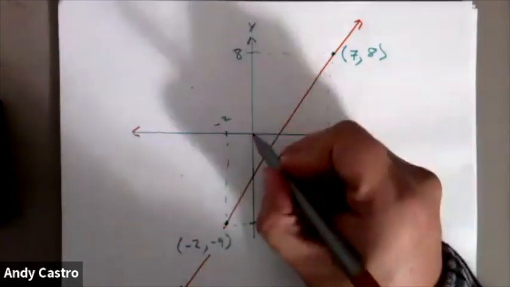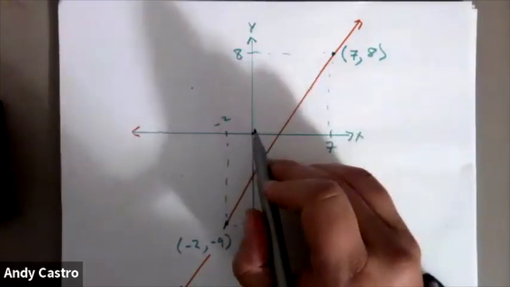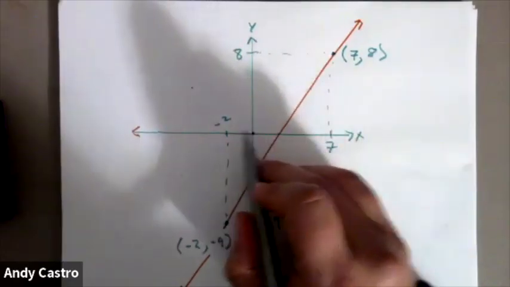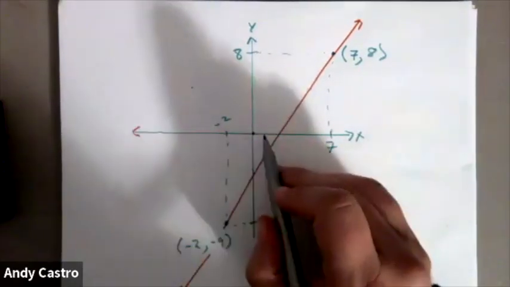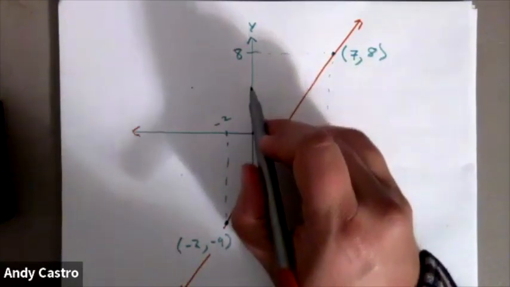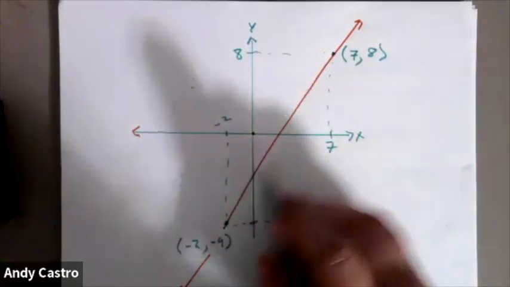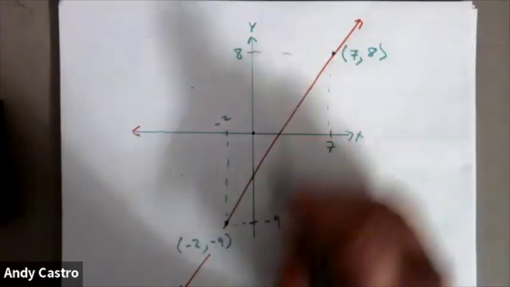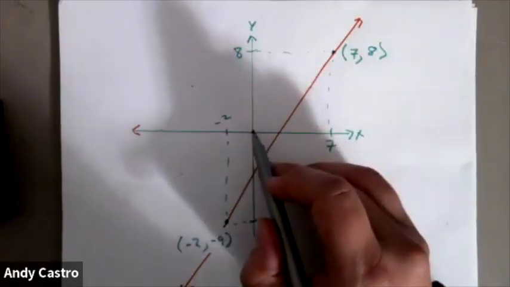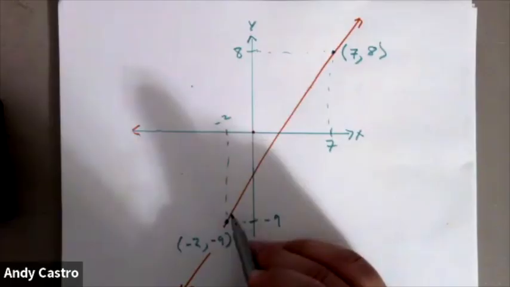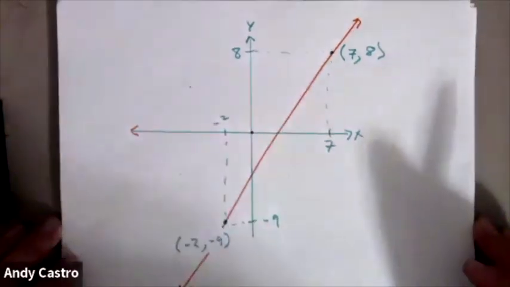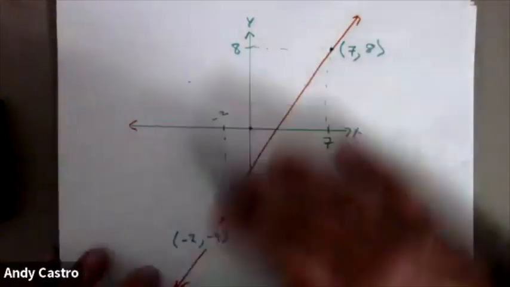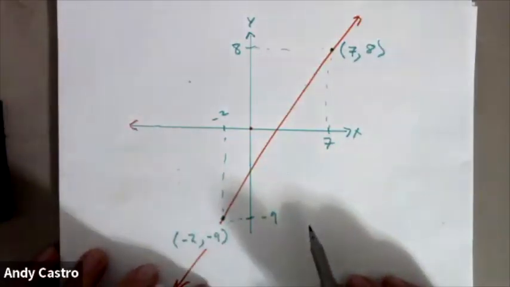Okay, so from the origin right here, we either go positive x or negative x, and then we either go positive y or negative y. In this case, both the x and the y are positive, and in this case, both the x and the y are negative. Okay. All right, so there's a lot of information actually that exists right here.